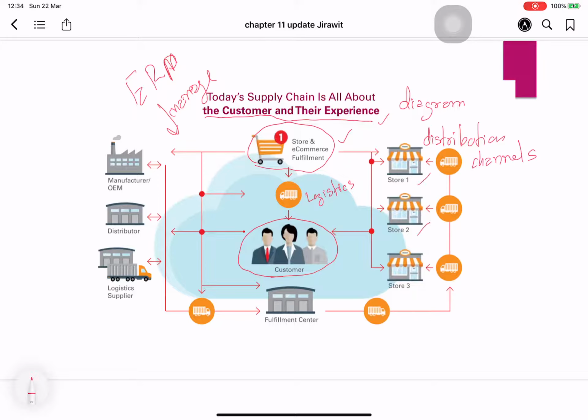Store 1, 2, 3. This is a producer, right? We have a manufacturing distributor and you have a logistics supplier.